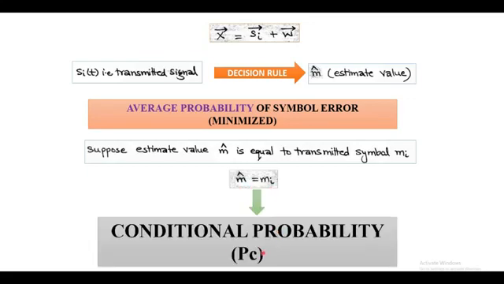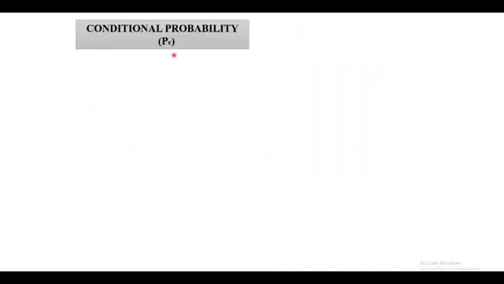Then the average probability of correct decision is given by the conditional probability P suffix c, which is based on some condition. Here, the conditional probability P suffix c represents the probability of estimation of transmitted signal mi when observation vector X is already received, and mathematically it is written as Pc equals probability of mi sent when X vector is already received.